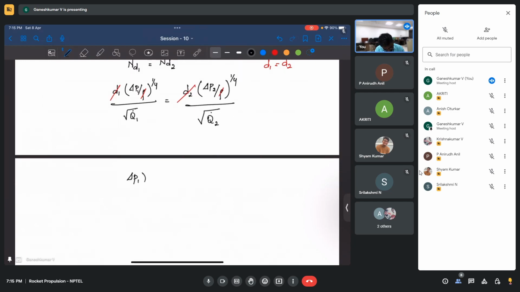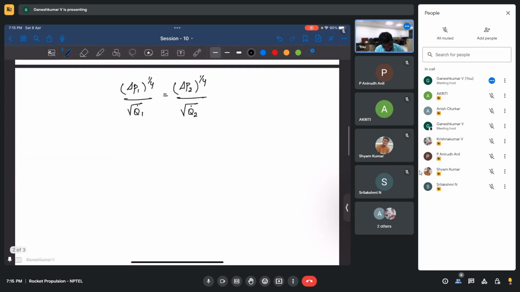Delta P1 power 1 by 4 divided by square root of Q dot 1 is equal to delta P2 power 1 by 4 divided by square root of Q dot 2. Here we know delta P1, we know the desired condition we need to reach, and we also know Q1 dot. Now you can easily find Q2 dot, right? So let's try to rearrange this. If you have doubts, you can ask me.